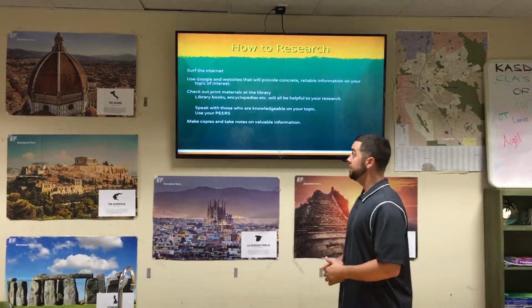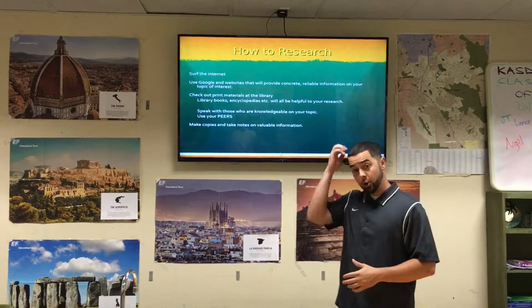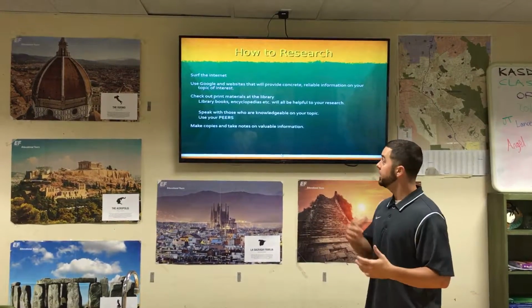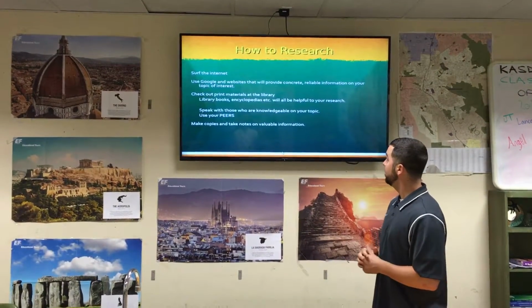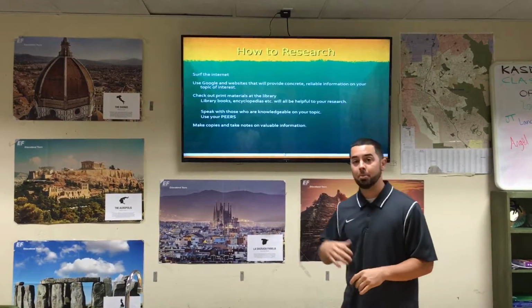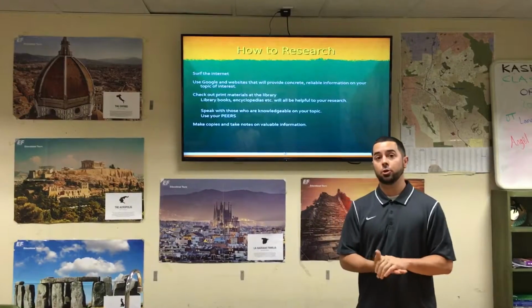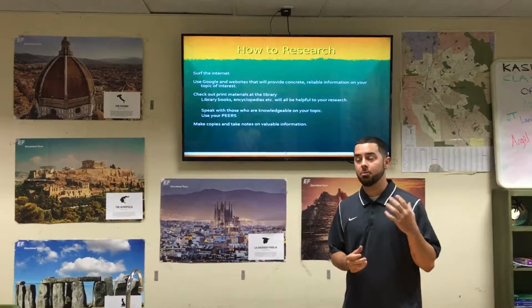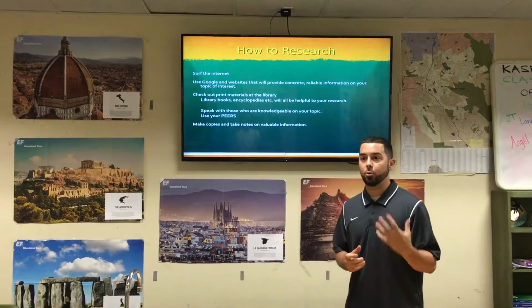How to research. We all know how to use the internet. Surfing the net is great. Using Google and websites that will provide concrete, reliable information on your topic of interest. So, you want to use credible websites that are going to provide valuable information for your topic.